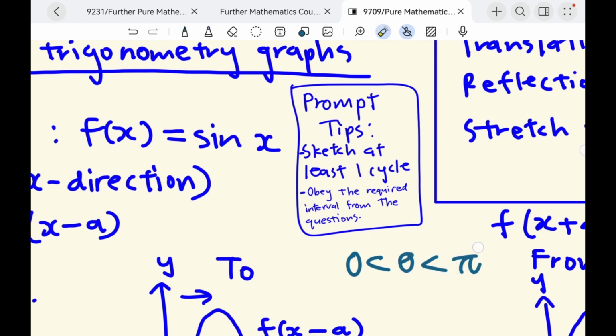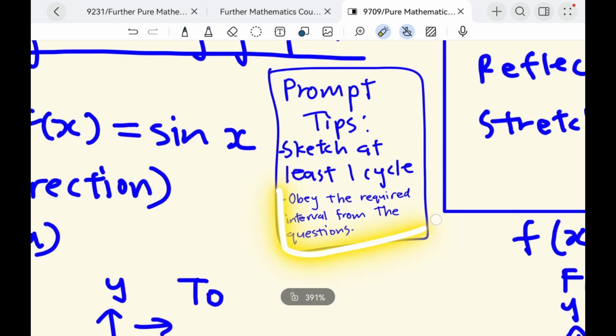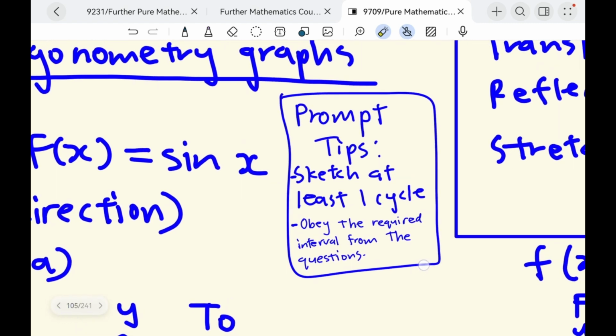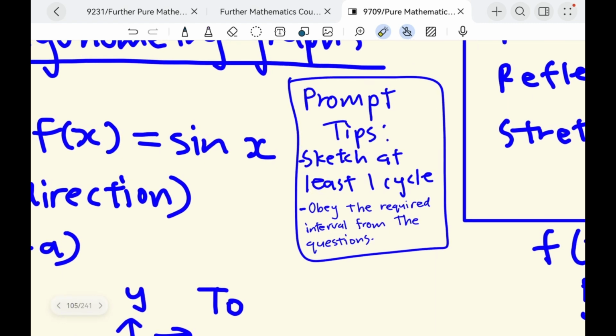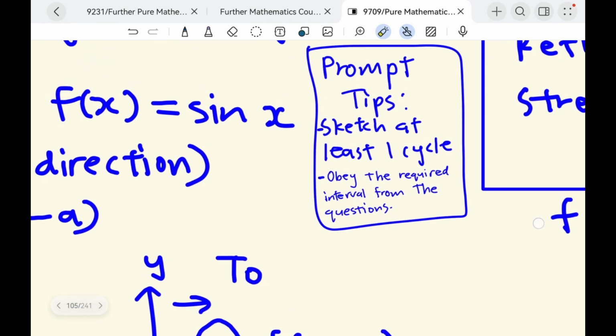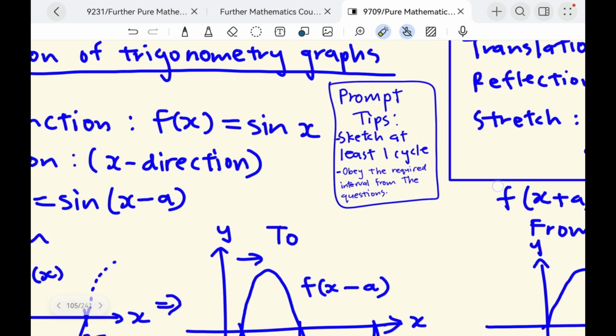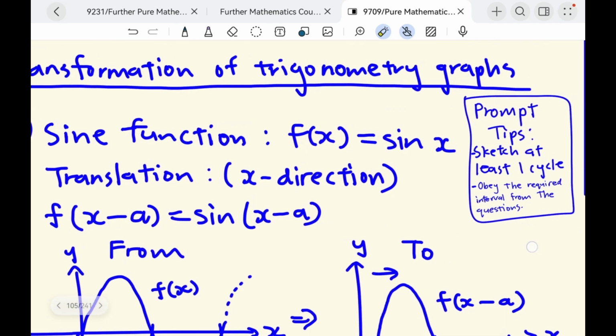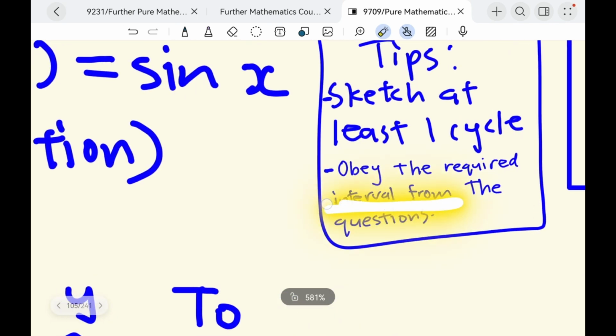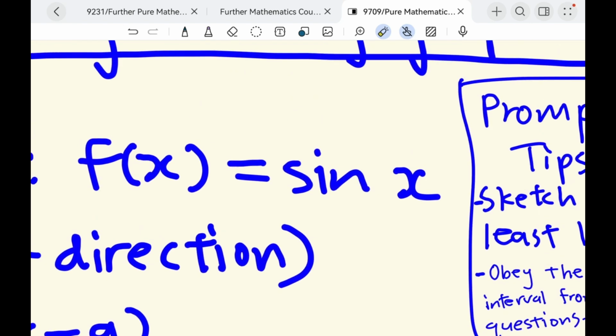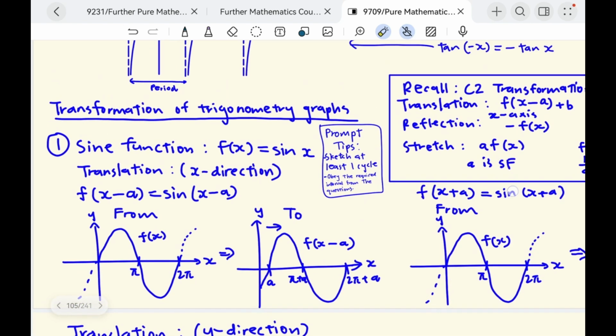You must only sketch from 0 to pi, following the particular trigonometric function given. Alright? So the most essential thing is you must obey the questions in the external exam, especially watching out for how the interval requires you to draw the particular trigonometric graphs.